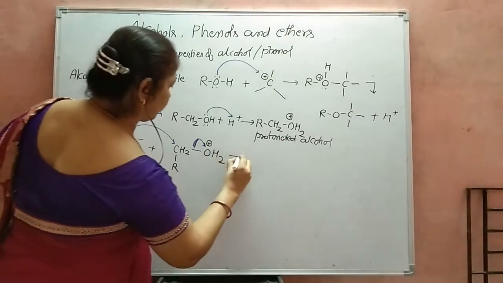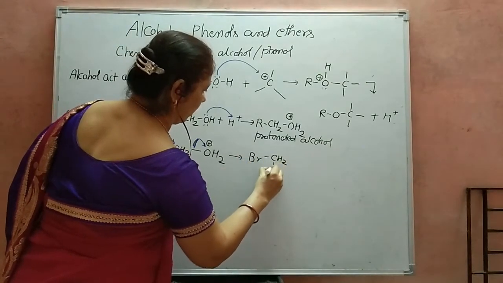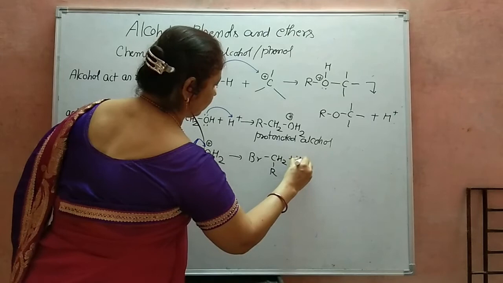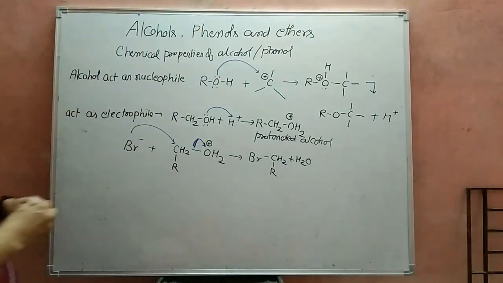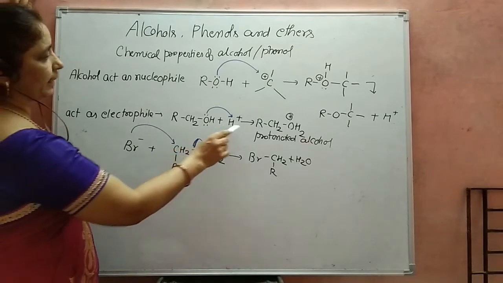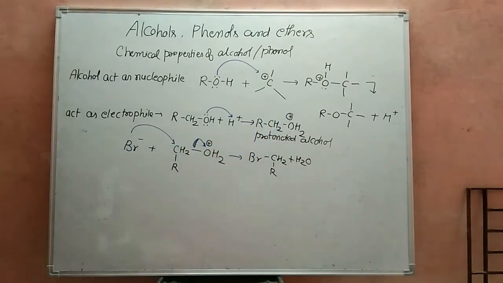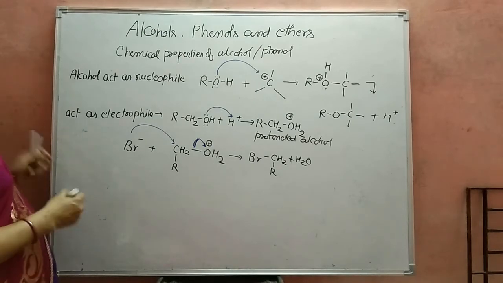And the compound formed is BrCH2R plus H2O. So in this reaction we see that it acts as an electrophile because the positive charge is produced on alcohol because it's protonated.